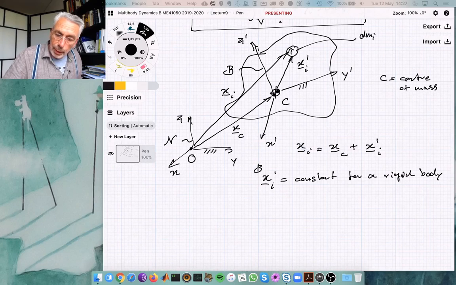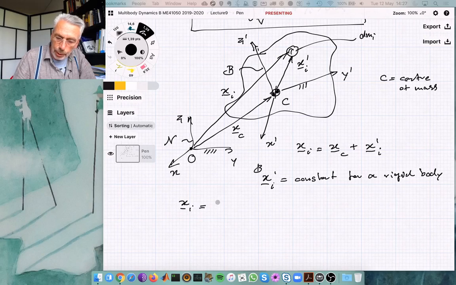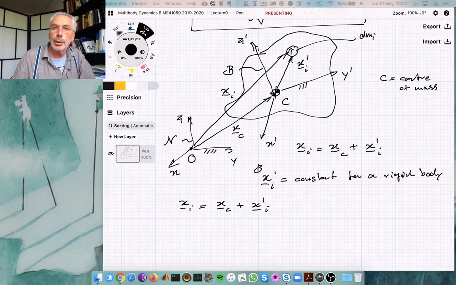Starting from this kinematic analysis, you say, okay, so the position of point I, of this point mass, is the position of the center of mass plus this relative position of the point mass with respect to the center of mass. How about the speeds? Well, that's thanks to Newton, super simple.